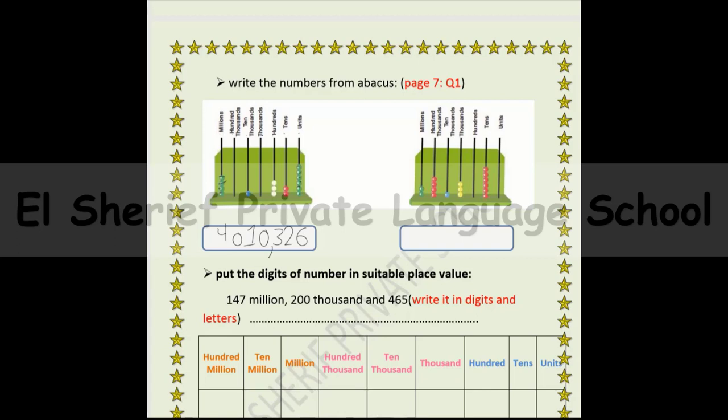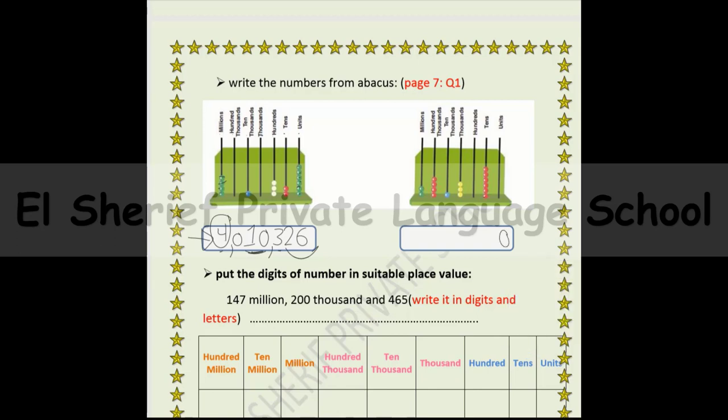Now we have family of units, family of thousand, and we can read from the left hand side. Start from the greatest place value. We have 4 in million, so 4,010,326. The next abacus, in units we have 0.